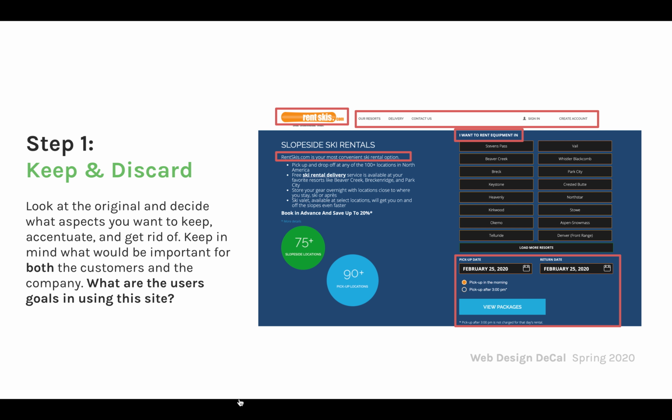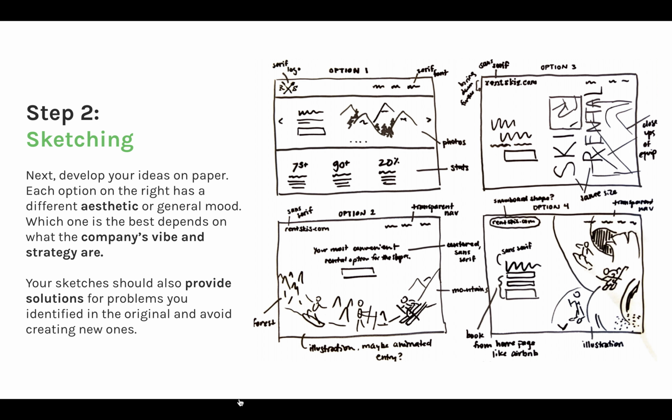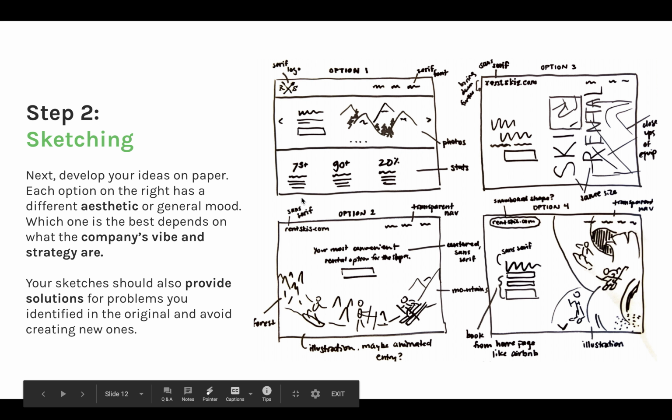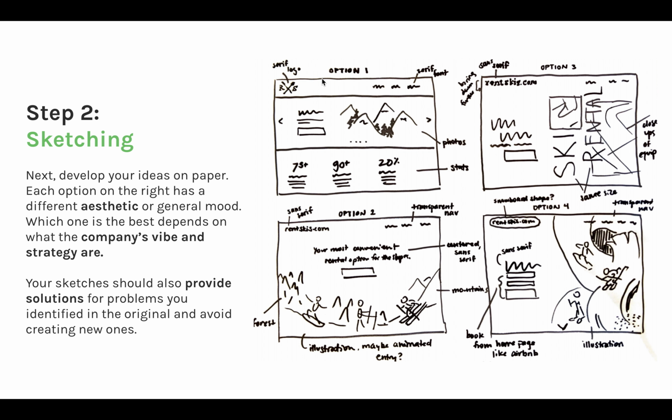So in the 4 options I kind of sketched out, we have option 1, which is kind of a more mature, classic vibe, with serif fonts and kind of glossy photos, or that's the idea, and a slideshow. So that is kind of a more mature and classic aesthetic.